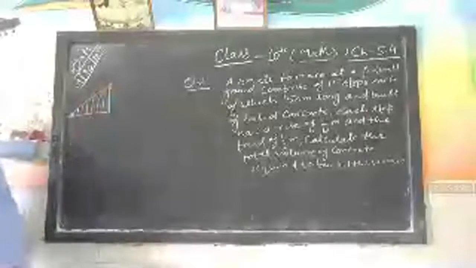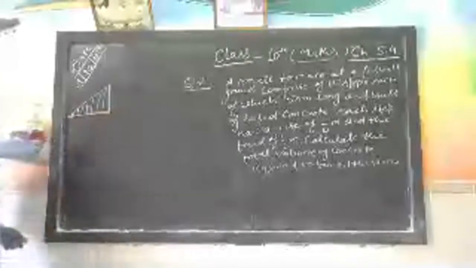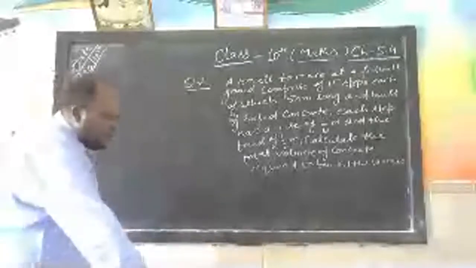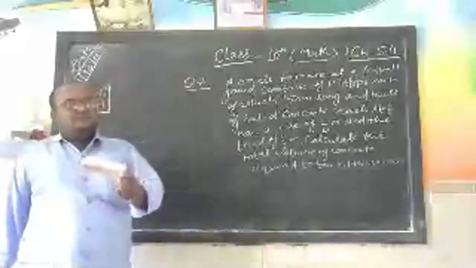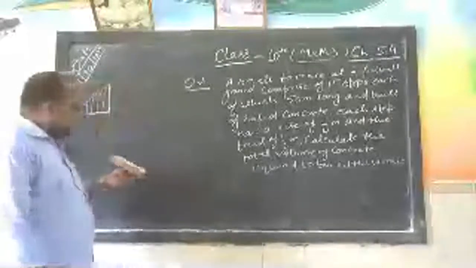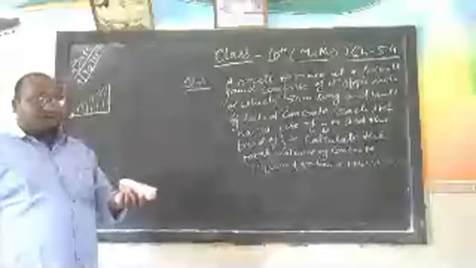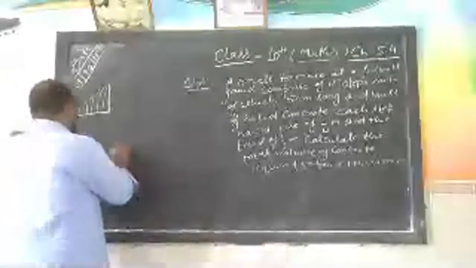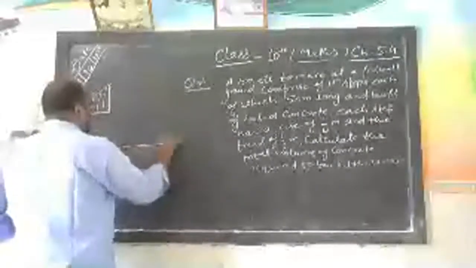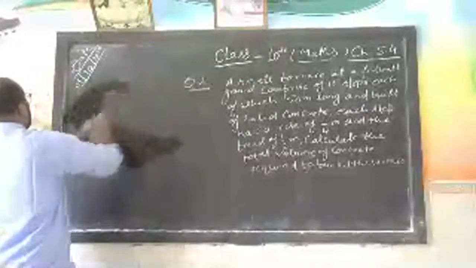A step is in the shape of stairs, you might say. You have already seen them in your house. So the total length of the 15 steps, 15 stairs, the number of steps, is n. N is given here.